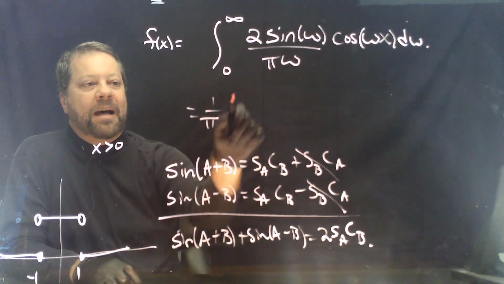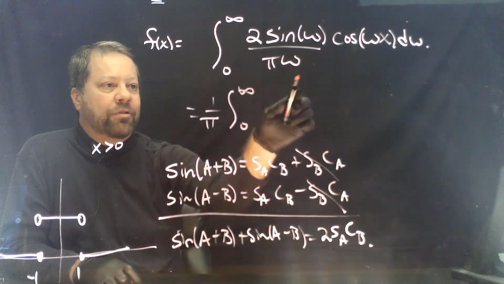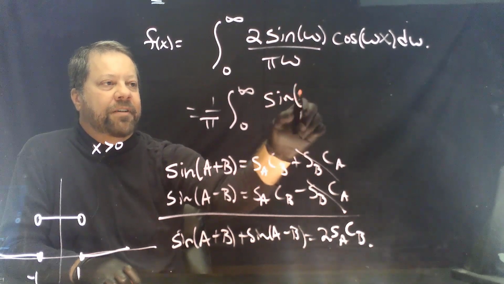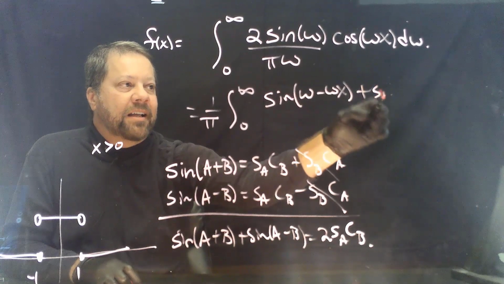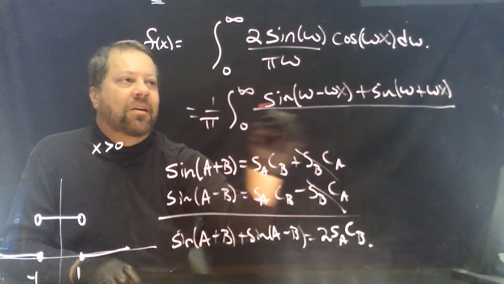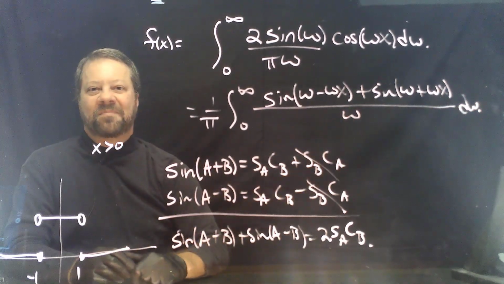I'll factor the pi out, and then we'll have this 1 over omega, and it's going to be the sine of the difference, omega minus omega x, plus the sine of the sum, omega plus omega x, all over this omega d omega.